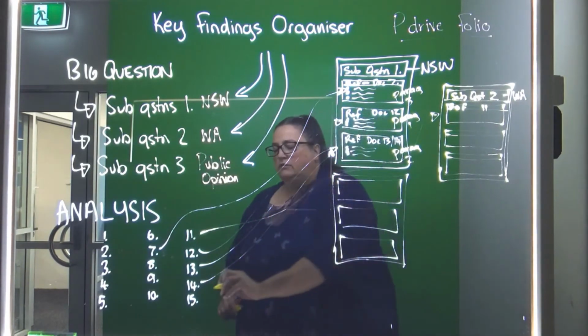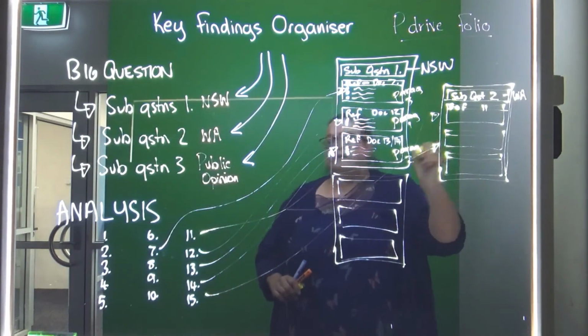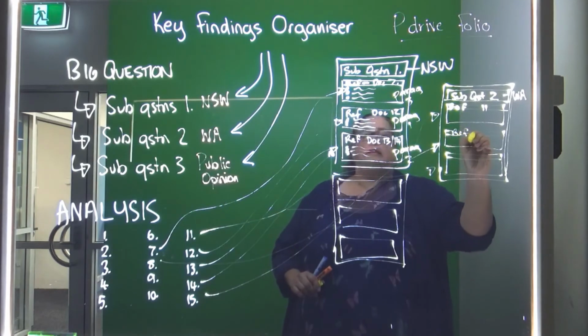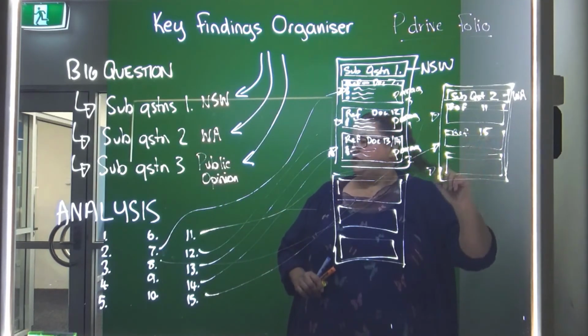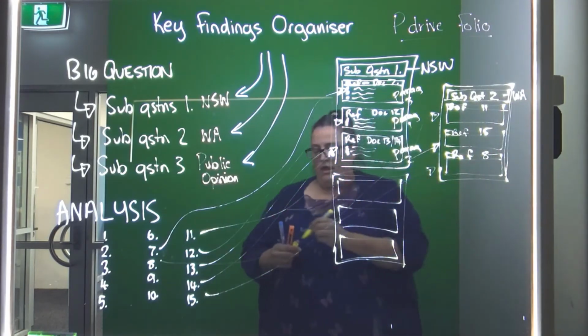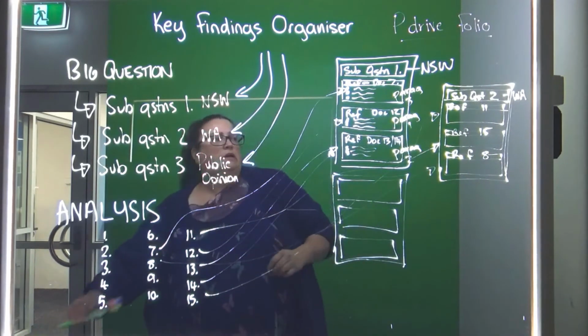So again, I keep organising my information using this system, putting my references in. I can't remember what I did now, 15 and 8. Okay, key finding 2. And guess what you do for the last one?